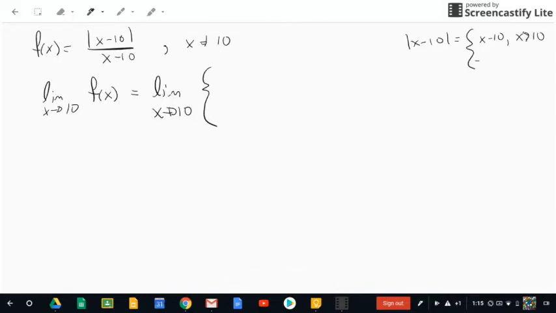However, we'll put a negative through there. That will be true as long as x is less than 10. And remember, that negative being multiplied through is going to make that equal to a positive.